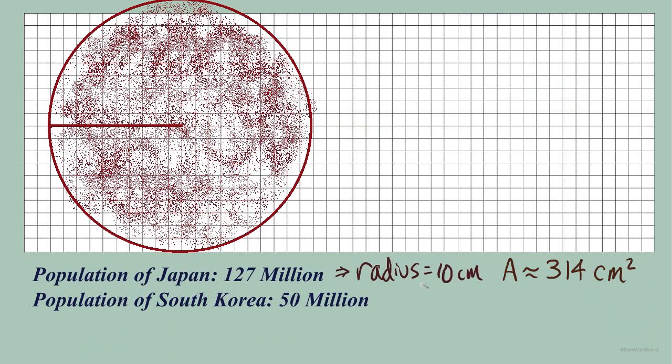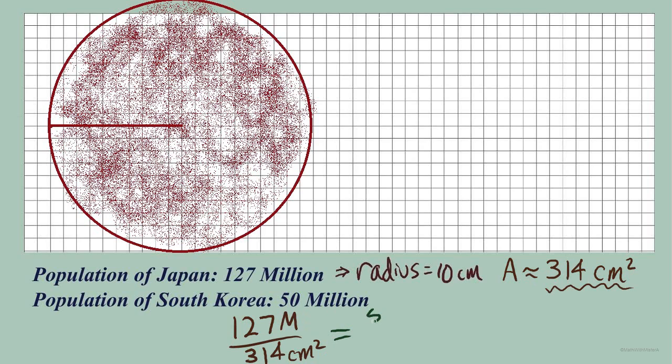So if we choose to use a radius of 10 centimeters for this circle representing the population of Japan, it means 127 million people are represented by the area 314 square centimeters. Remember, this was our pi times the radius squared to give us the area.